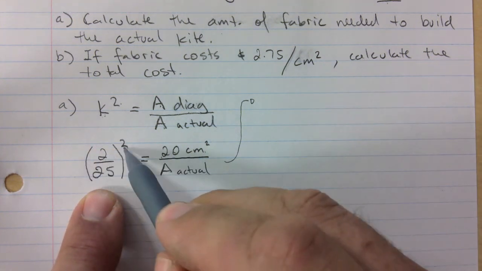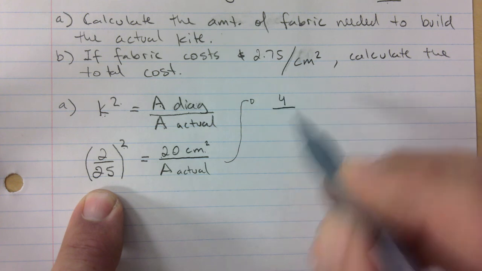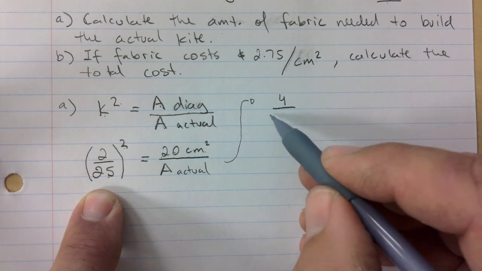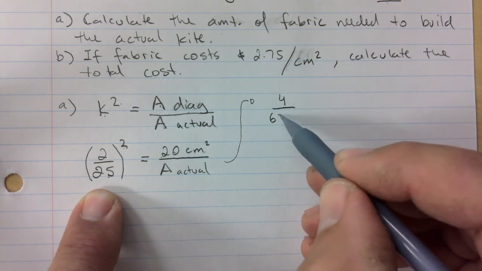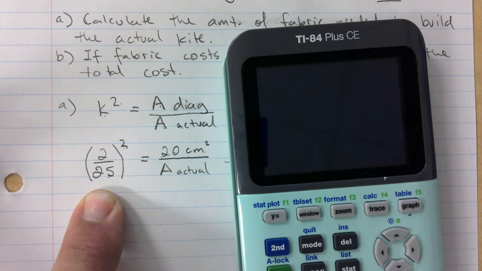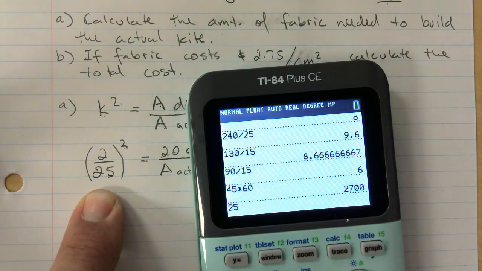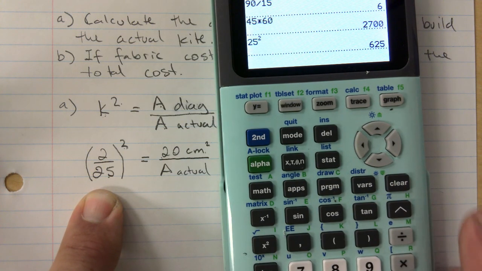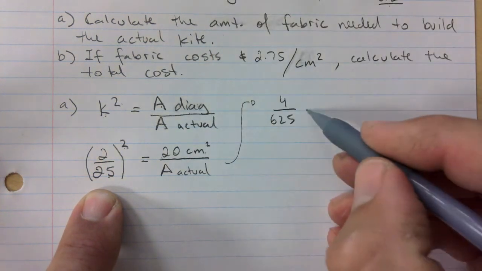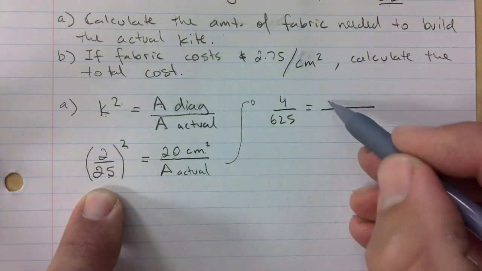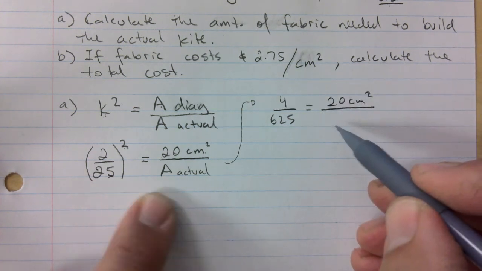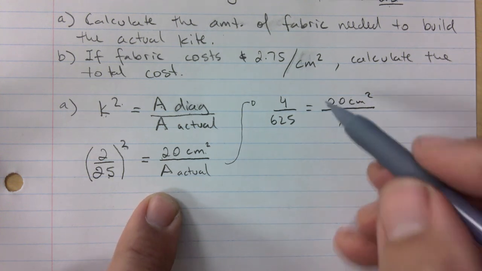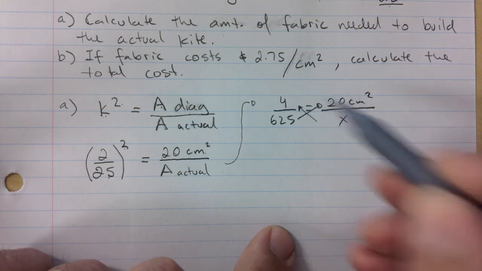Okay. And so I will continue over here, so it's not too far down. So 2 squared is just 4. 25 squared is, come on, mental math. No, I'm just kidding. It's 625, right? You have your calculator. If you're not sure, you have an x squared button here. Square it, and then you get 625, right? So don't sweat it. You always have that available. So this is 20 centimeters squared. And this is, you can put an x there for now. You just want a placeholder. So cross multiply.